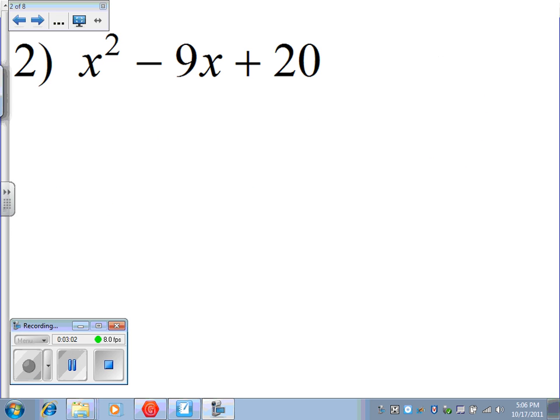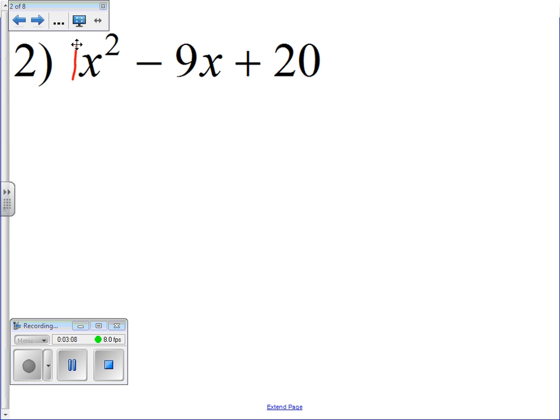Again, we have a polynomial where a is equal to 1, so the coefficient of x squared is 1. For ax squared plus bx plus c, a is 1, b is negative 9, and c is 20. I'm going to use the product sum method again.